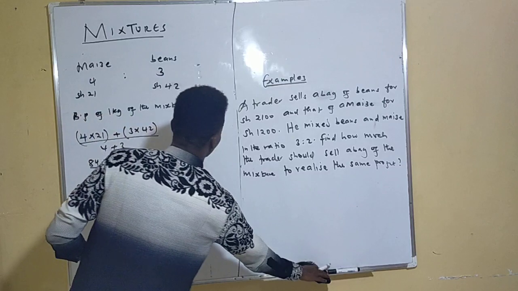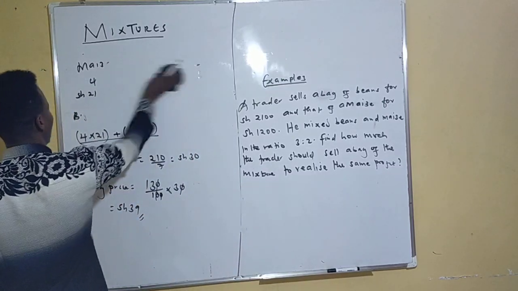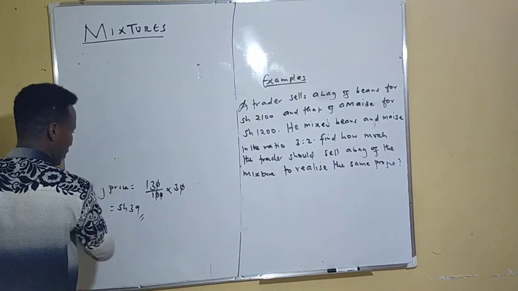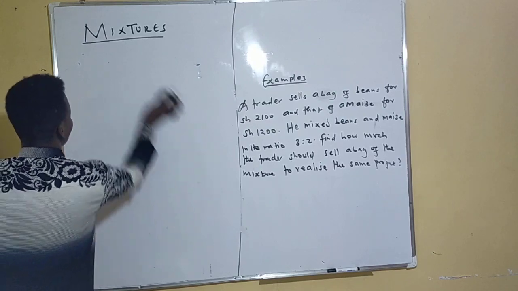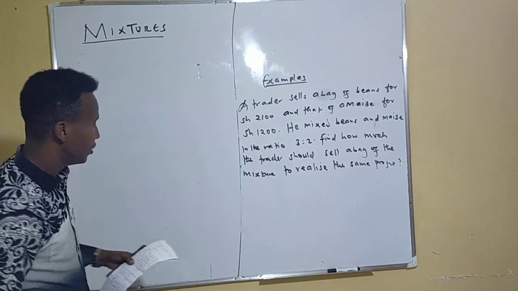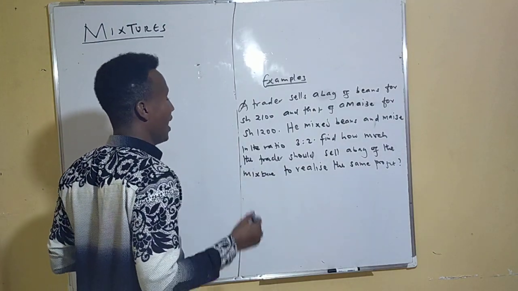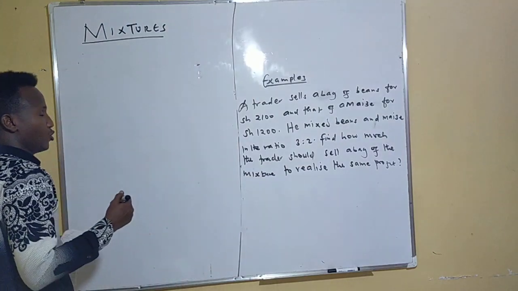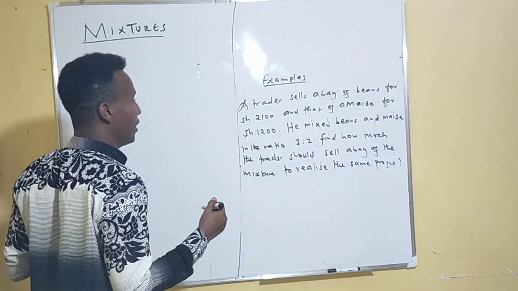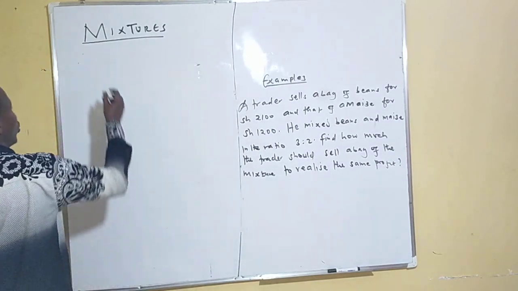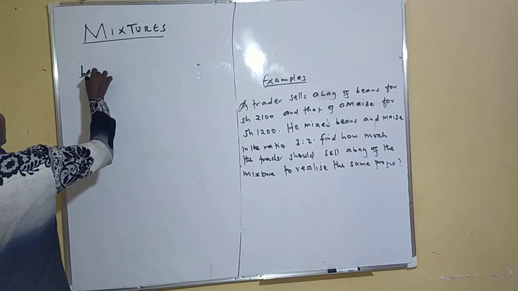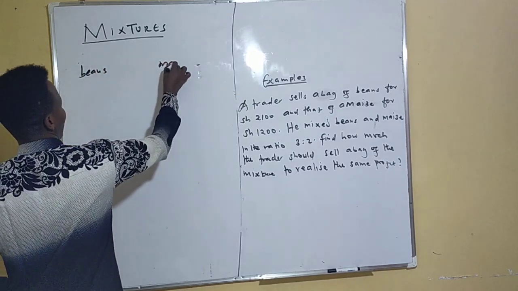Okay, now let's solve our question here. You are told a trader sells a bag of beans for 2,100 and that of a maize for 1,200. He mixed the beans and maize in the ratio 3:2. So let's say now we have beans and maize, okay?